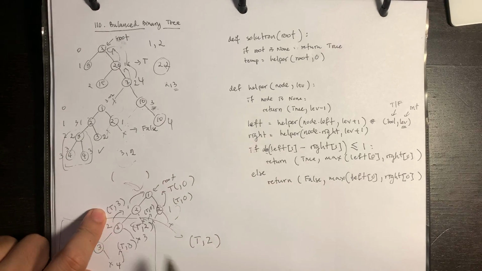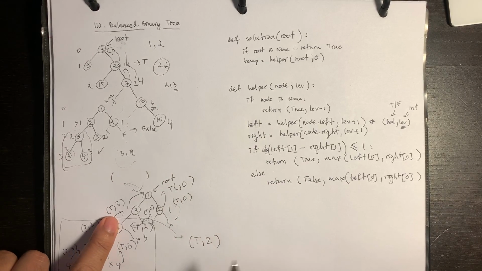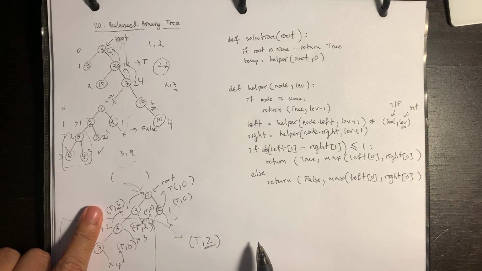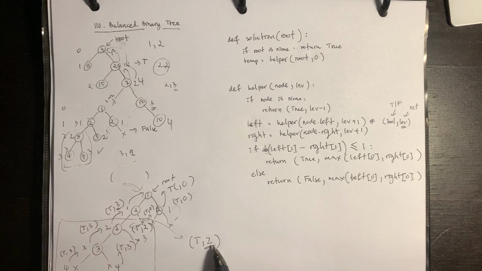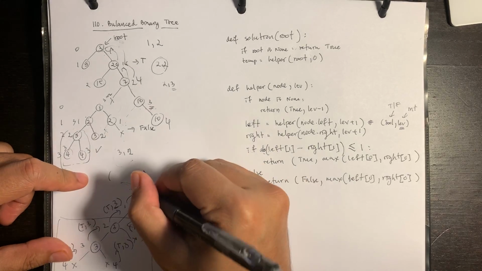And it's going to return 3 to the 1 here, because you consider 2 and 3 right here. Since it's only 1 level difference, it's going to return 3.